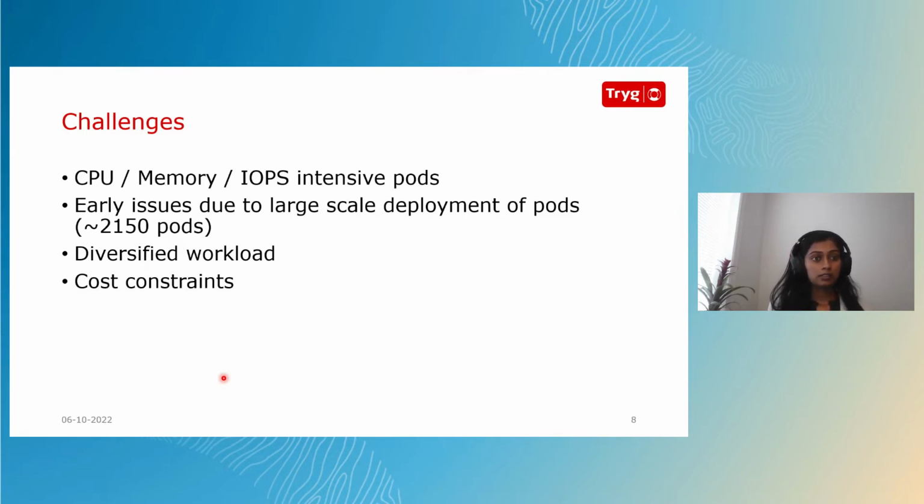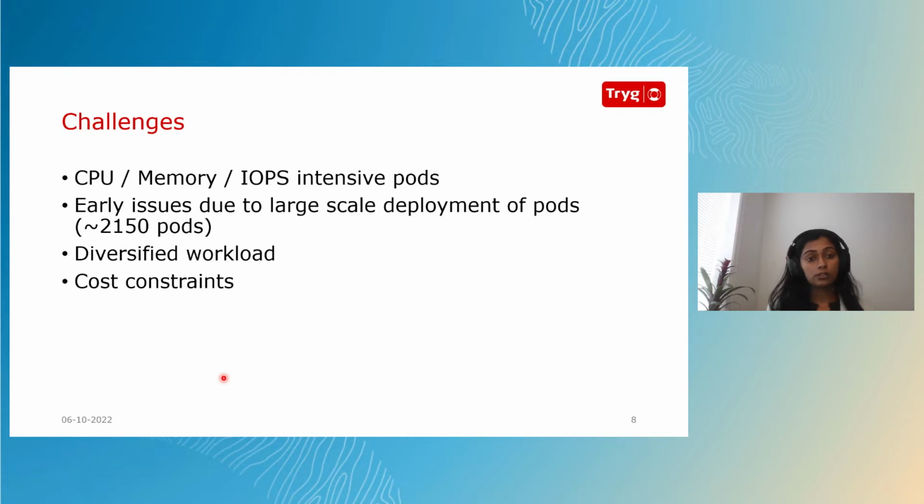The next challenge was we started with the Kubernetes cluster on OKE, on Oracle, at a very early stage, and we had a large scale deployment. Every deployment of ours has more than 2,150 pods, and that's the scale of the pods in every single cluster.